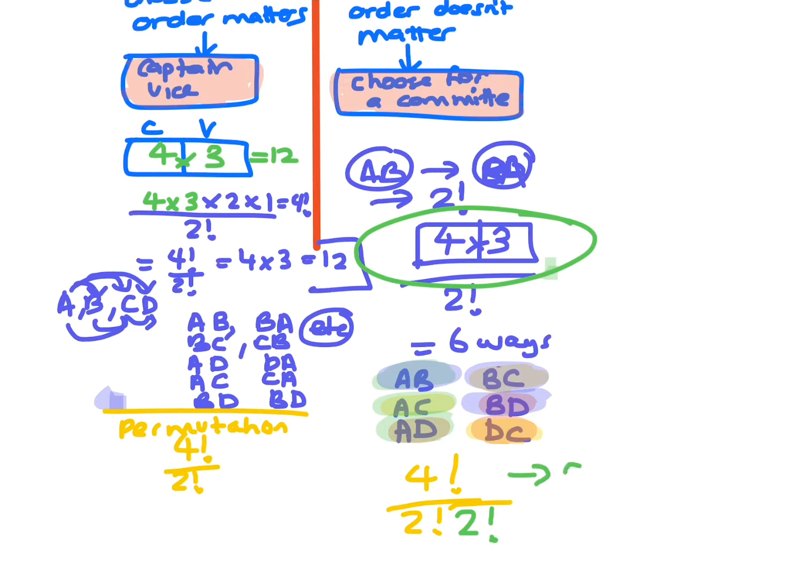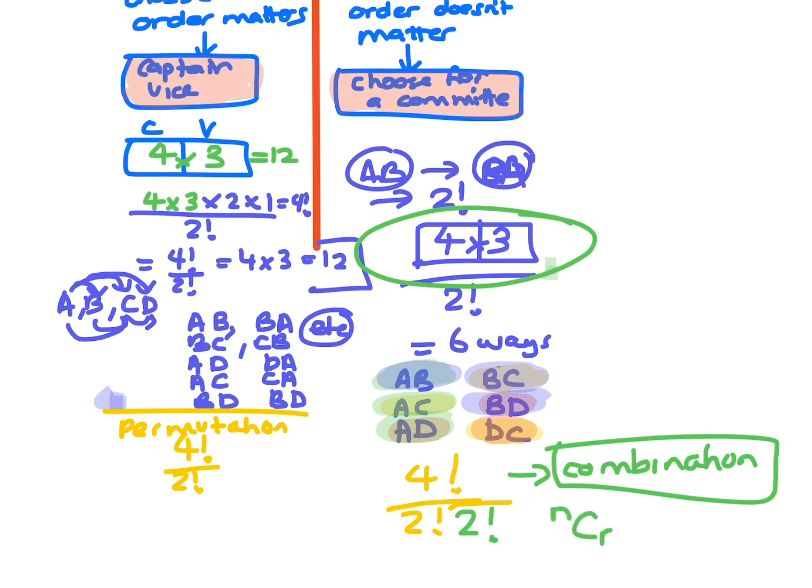Now, this one here is called a combination. And there is actually a special button for working this out. It is called your NCR button. If you look for that, I think it is on top of your division sign. You just have to press shift to get to it.